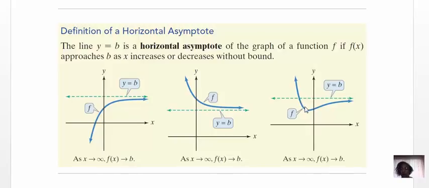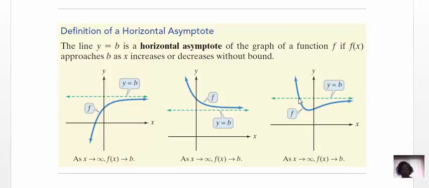Now notice though, as x goes to infinity, as we move indefinitely to the right, the function approaches the horizontal asymptote.